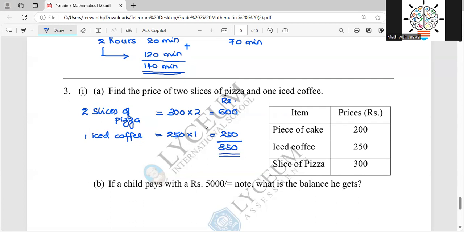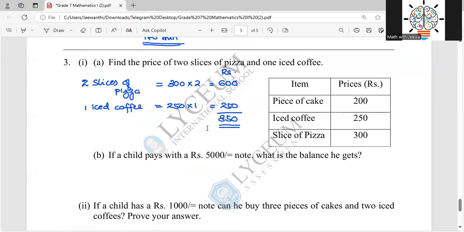If the child pays with a 5,000 note, what is the balance he gets? The 2 slices of pizza, it is 600, 1 iced coffee, 250, it is 850. So then you write 5,000 and 850.